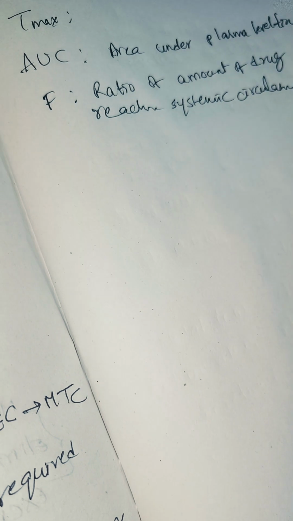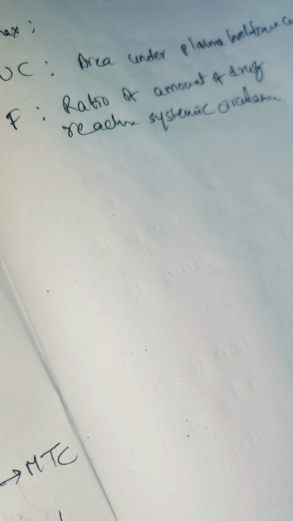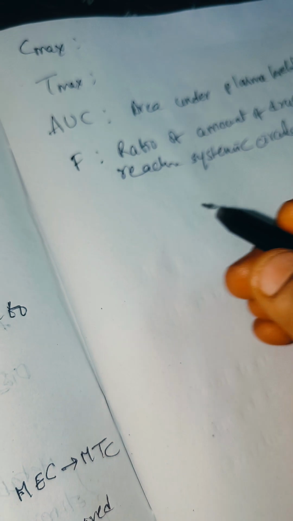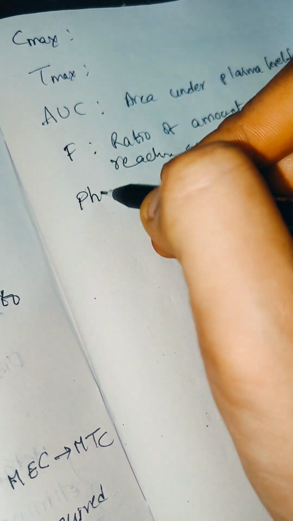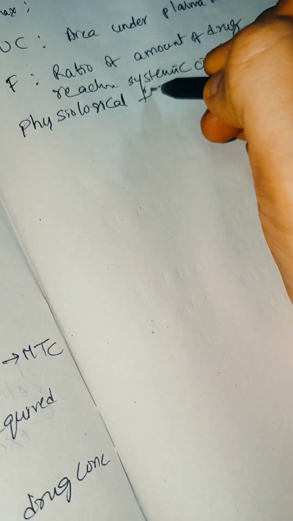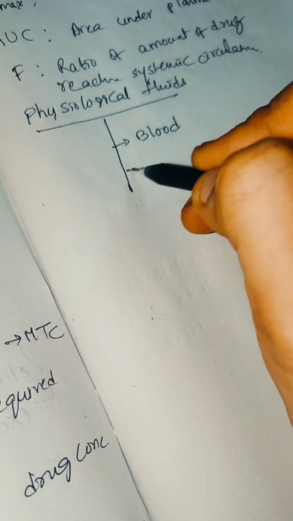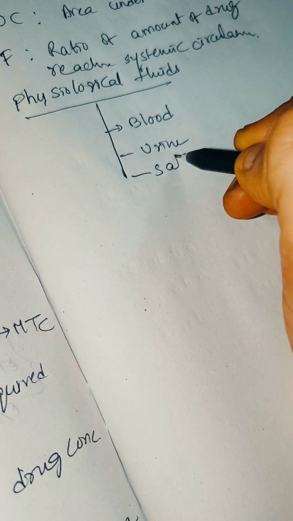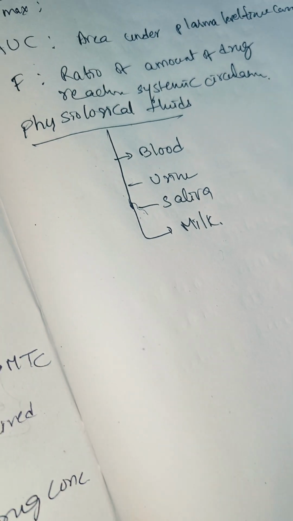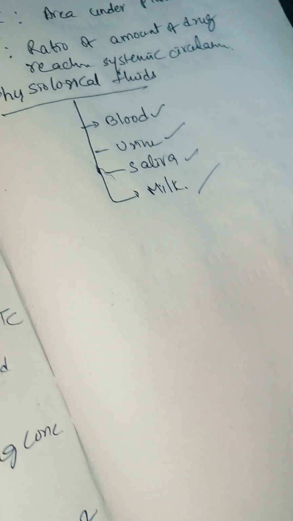So mathematical models will explain the data related to pharmacokinetics. In order to study pharmacokinetics, we use the physiological fluids, such as blood, urine, saliva, milk, etc. The first place goes to blood, and then urine, saliva and milk, which are used in rare cases.